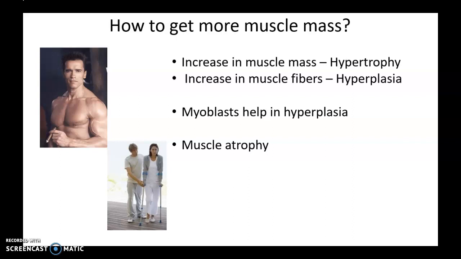Now, Rupa, what is hyperplasia then? Well, hyperplasia is when you have an increase in muscle fibers. And that is actually more common at a younger age as compared to older people, because muscle cells undergo mitosis to generate new daughter cells.